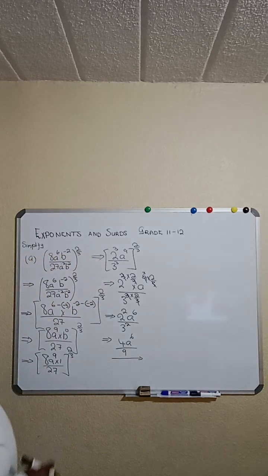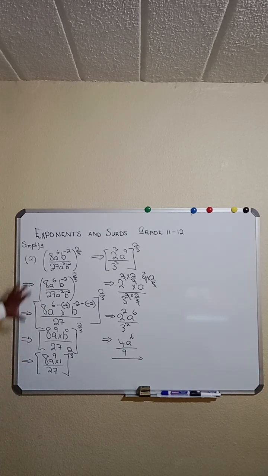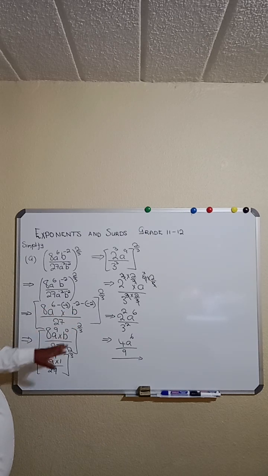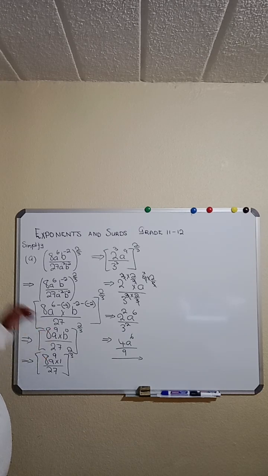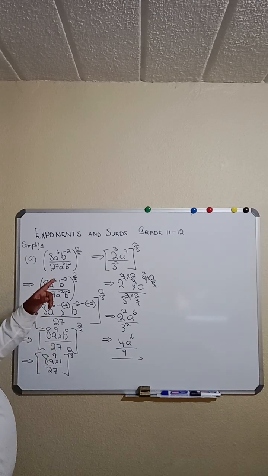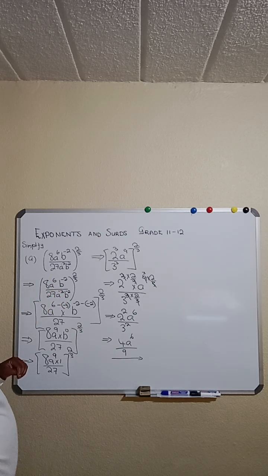So let's summarize briefly. You write the expression as it is, and then you subtract the powers of the same base, and once you subtract, you make it simple. Once it is simple, ensure that all the numbers are in exponential form, so 8 and 27 become 2 to the power 3 and 3 to the power 3.